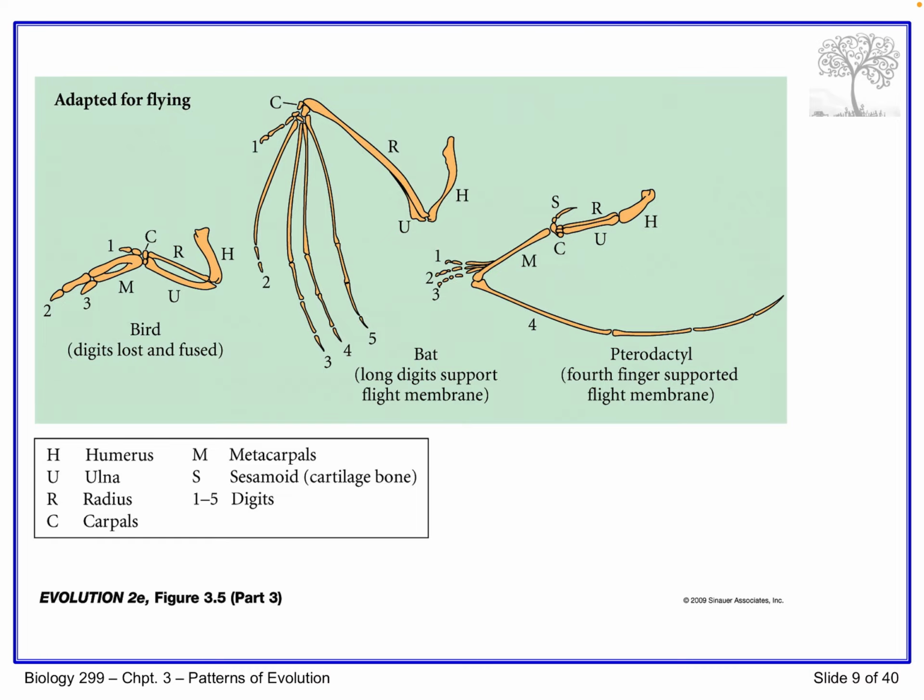Finally, in terms of identifying homologies, we ask ourselves, when mapped on an evolutionary tree, such as the development of opposable toes that I talked about in the previous example, does its distribution on that tree suggest that it has been inherited from a common ancestor?